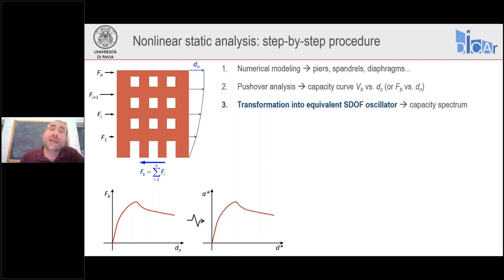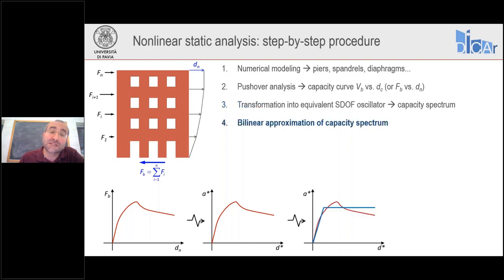And what we have to do next is to transform the capacity curve of the multi-degree of freedom system representing numerically our structure into the so-called capacity spectrum, which is basically a relationship between acceleration and displacement for an equivalent single degree of freedom oscillator, equivalent to the first mode of response of the building in the direction of analysis.